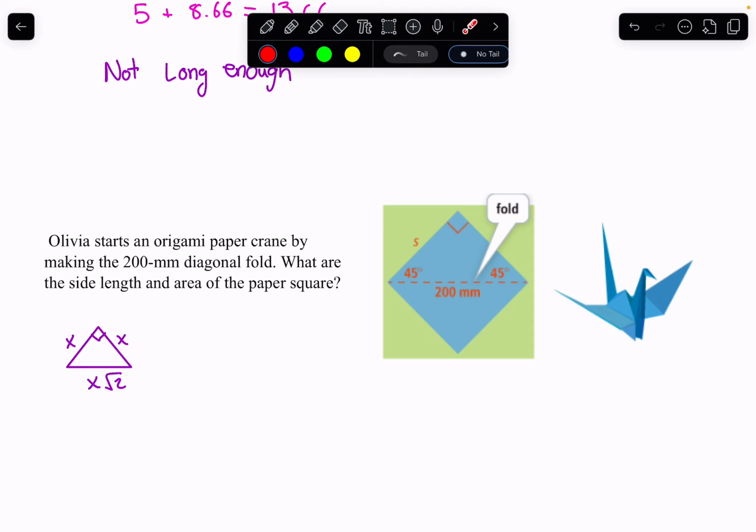What do we do when it's just a number? Here's what we're going to do. We will say that the x root 2 side equals 200. And then from there, we can go ahead and simplify. So if I want to solve for x, or in this case it would be s because it would be the side length of the square, I could divide by the square root of 2 on both sides.